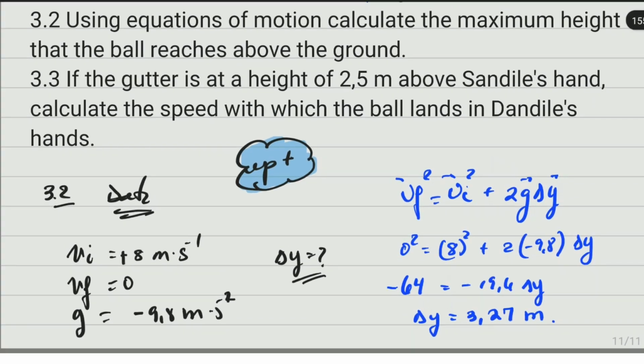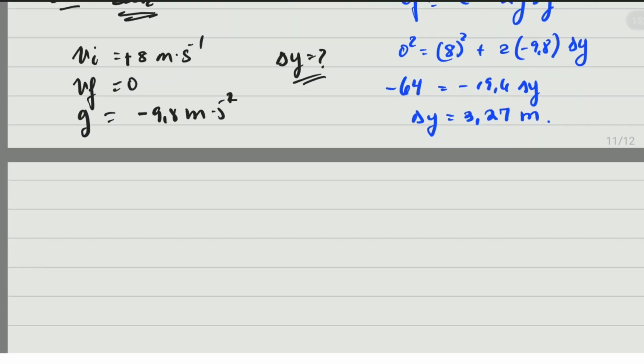Remember, the question asks to calculate the maximum height above the ground. So the maximum height above the ground would be the addition of the 1.73 height from which the ball was thrown plus the maximum height we reached from the throwing point, which is 3.27, and then this is going to be equal to 5 meters.